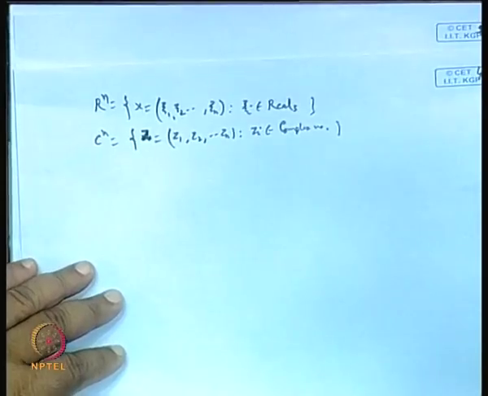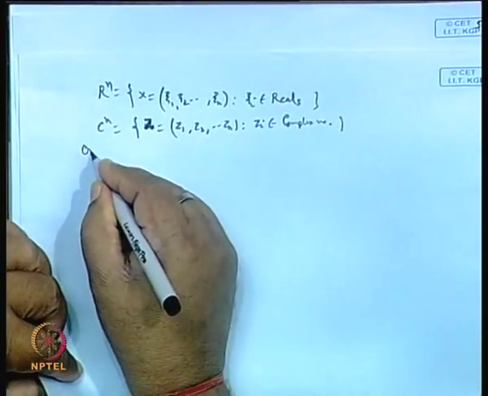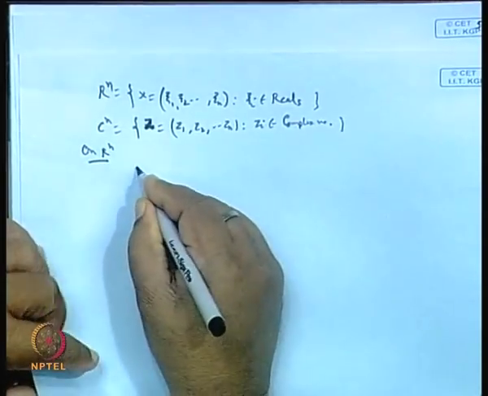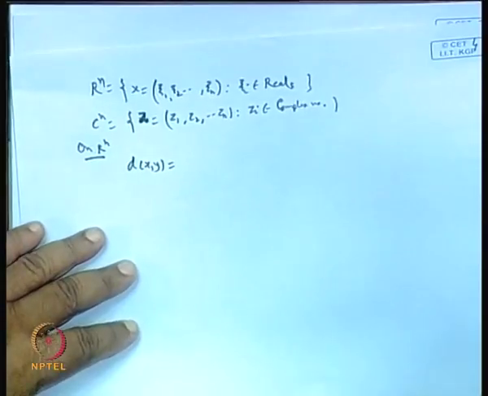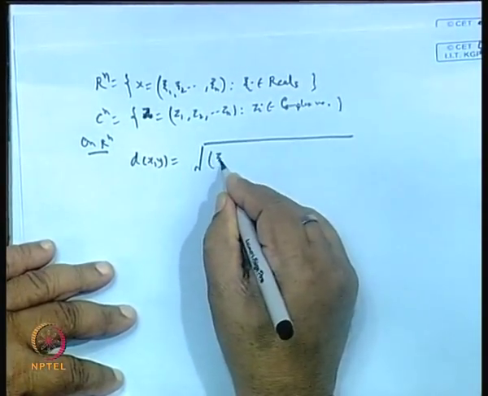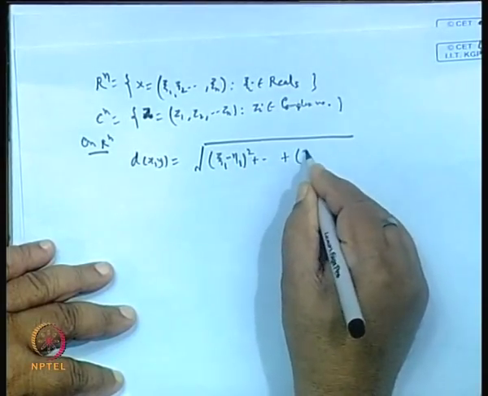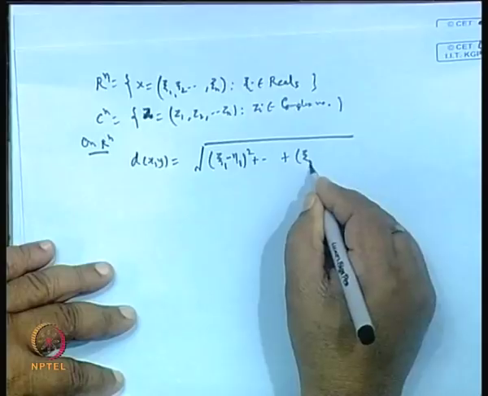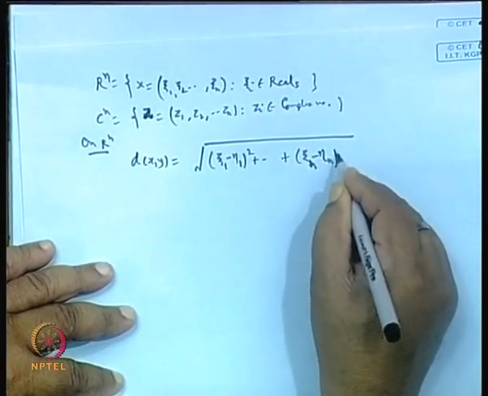Now, we want to introduce the notion of distance on this. So, on Rn, we define the distance d(x,y) as the square root of (xi1 minus eta 1) whole square plus (xi2 minus eta 2) whole square, and so on, plus (xin minus eta n) whole square.